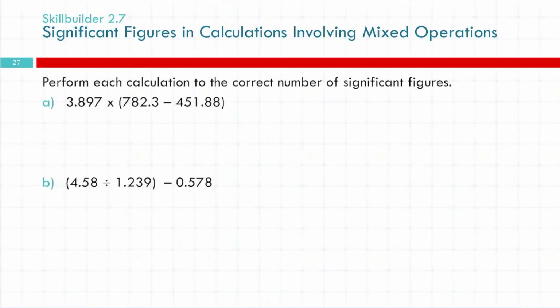All right. So because we didn't get another example, I'm just going to do A at least. Start with what's in parentheses. We're going to start with a subtraction. So addition and subtraction, we're going to use the fewest number of decimal places. Just identify those. We have 2 here, and we have 1 here.